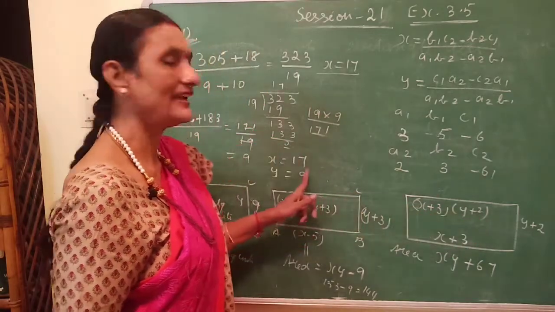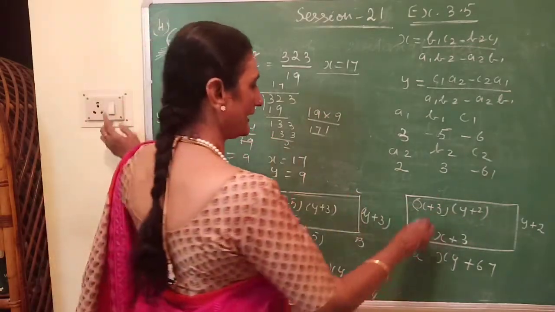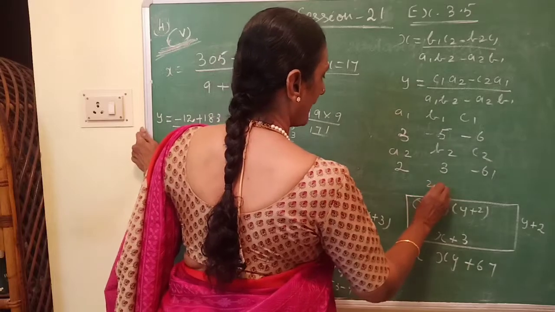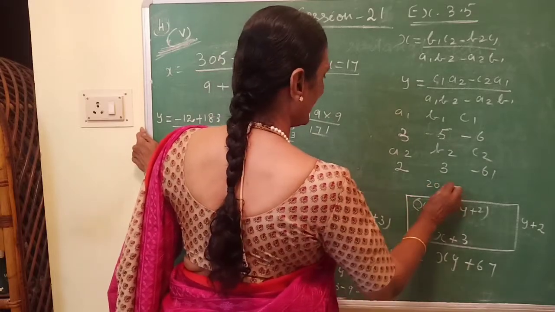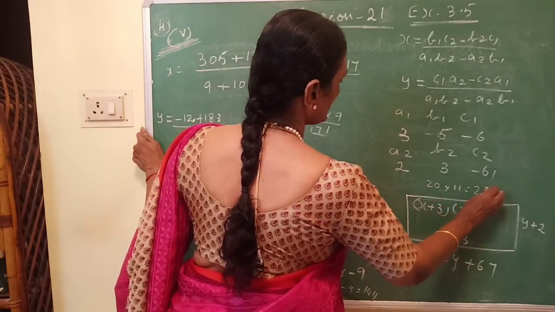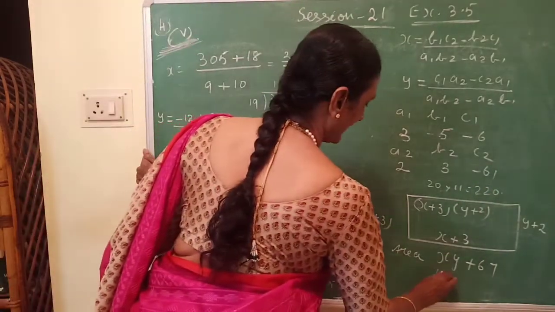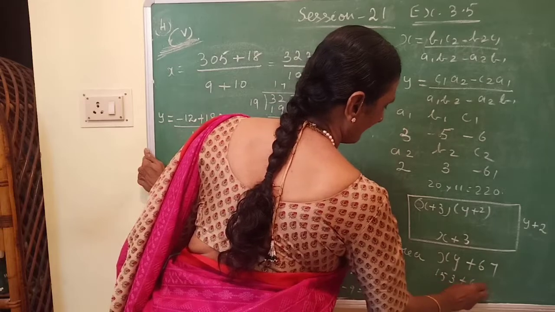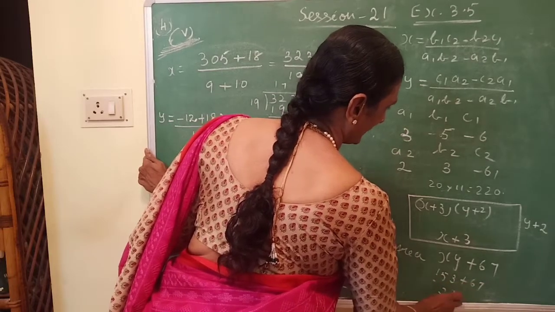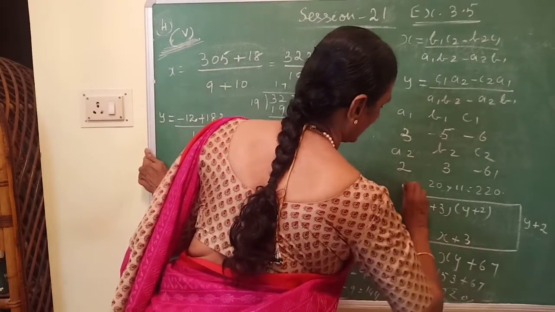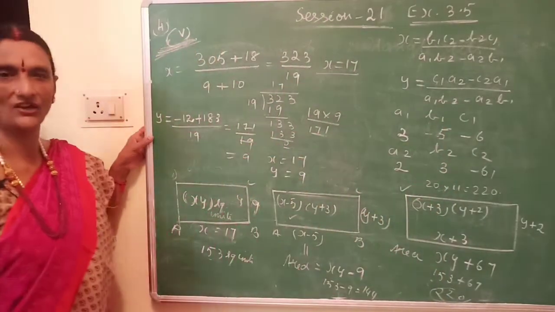So it is 11, isn't it? So the length becomes 20 and the breadth becomes 11. So the area is 220. Now 153 added to 67, you tell me what is that equal to? 220. So it is satisfying the second case also.